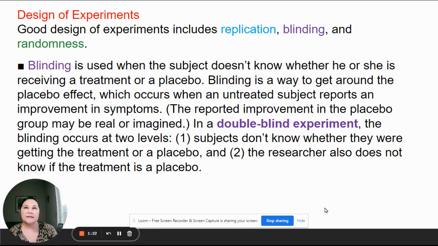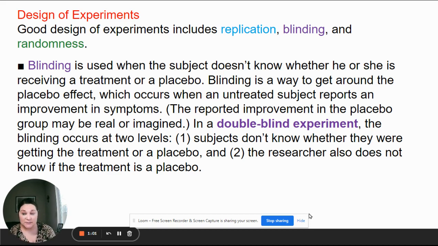In an experiment, there are some key components that scientists look for when conducting an experiment: replication, blinding, and randomness. Blinding is when the subject doesn't know whether they're in the treatment or the non-treatment group.